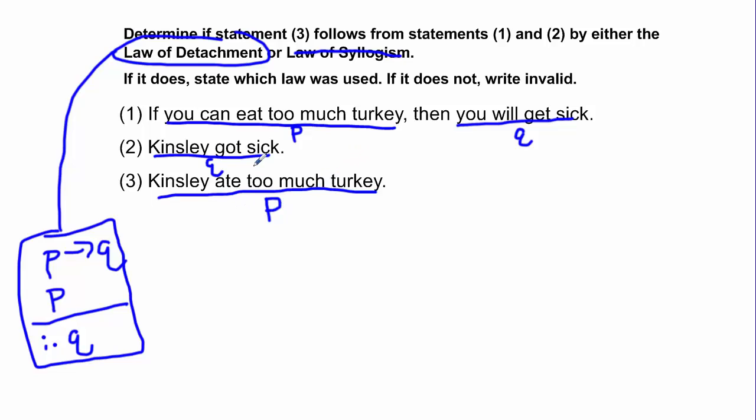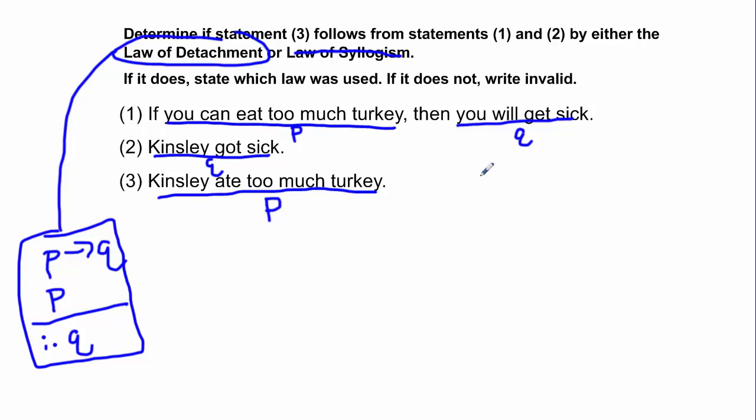So their conclusion is, because of the conditional statement, if you eat too much turkey, then you will get sick. And then she got sick, so they're saying this is the conclusion that Kinsey ate too much turkey because she got sick.